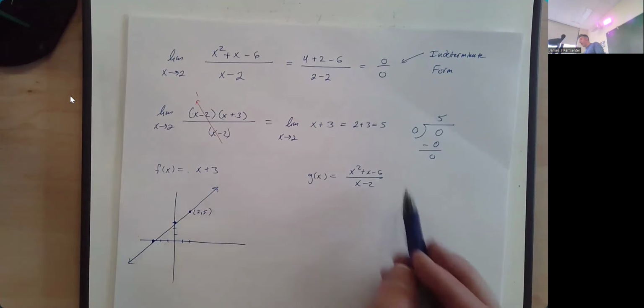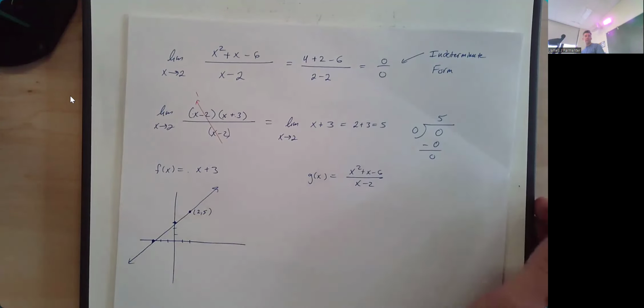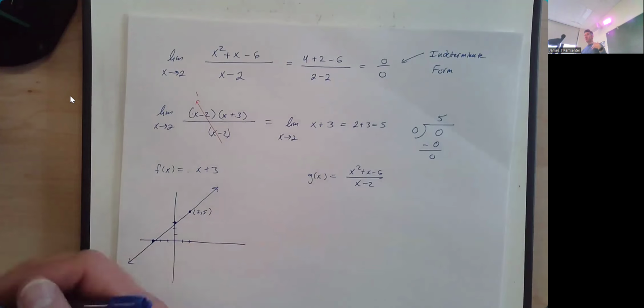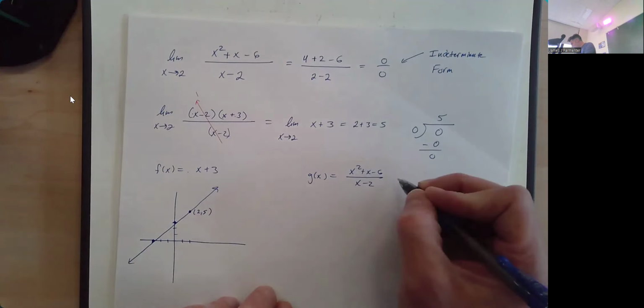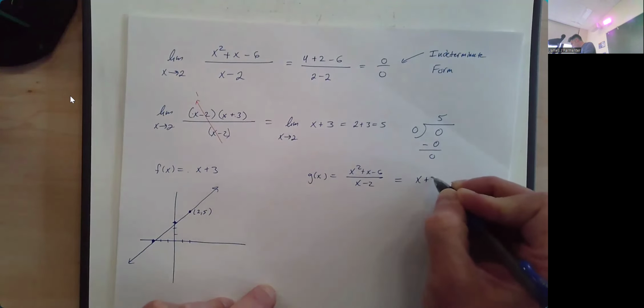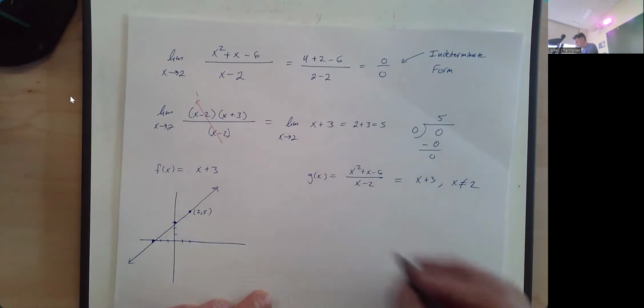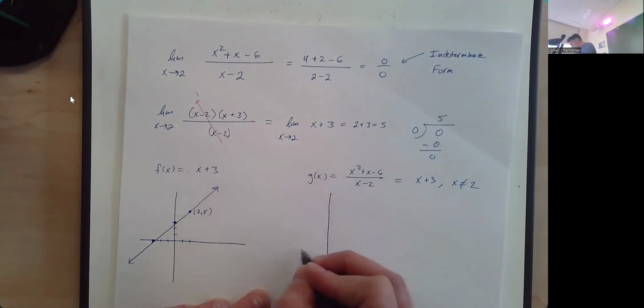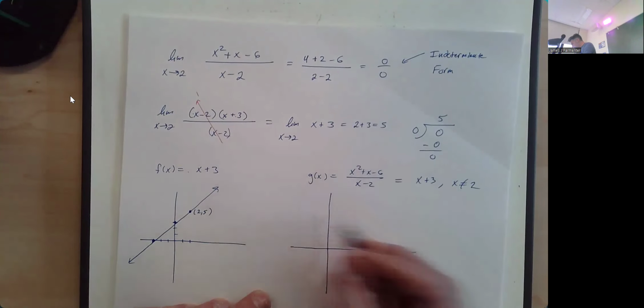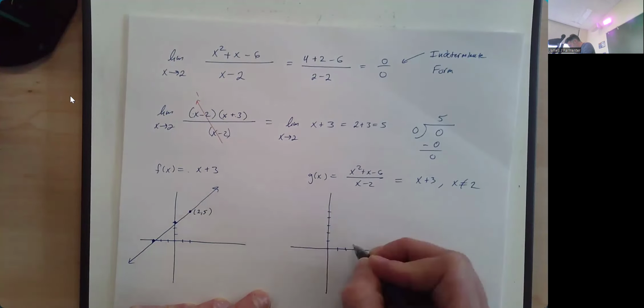This function is obviously undefined when x is equal to what? 2 again. But everywhere but 2, as long as x isn't 2, this function is equal to x plus 3. So these functions look the same everywhere except that this function at 2 has a hole.